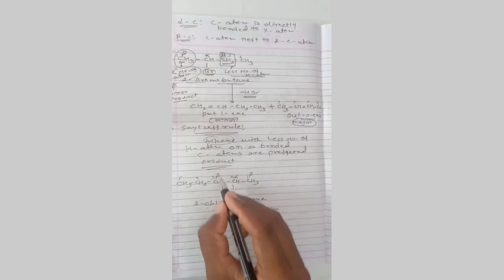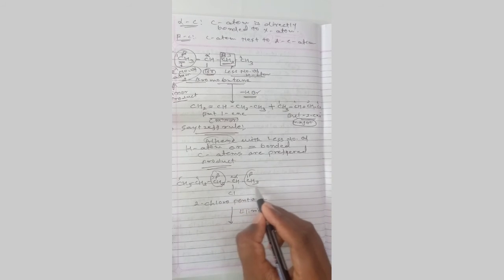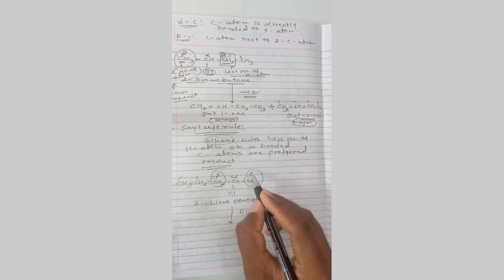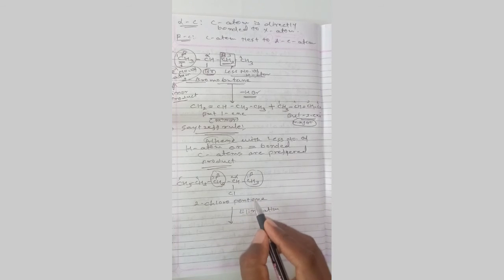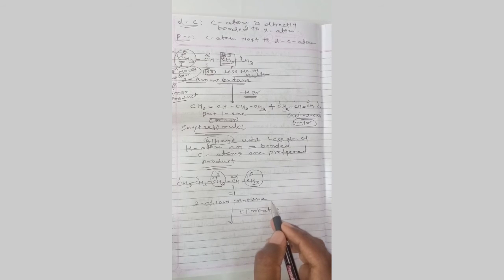In this case this one has fewer hydrogen atoms, and the first beta carbon has more hydrogen atoms.